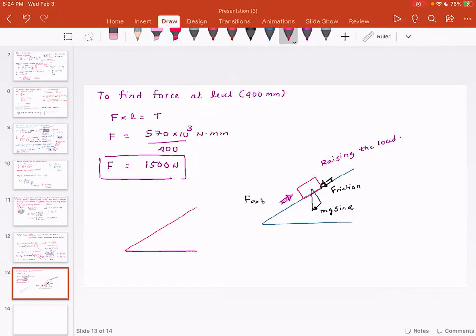Now let's look at the case when we are trying to lower the load. Same case, but now we are trying to lower the load.